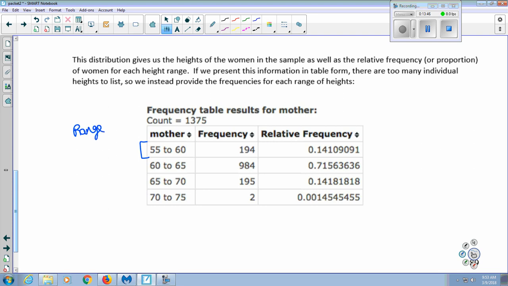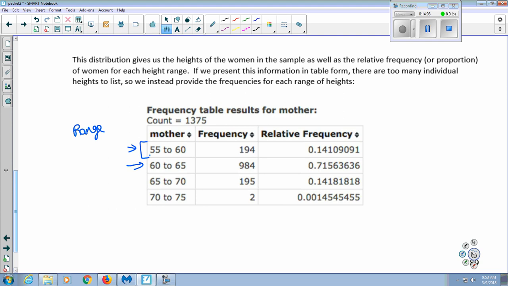This first row is giving us all the heights from 55 inches to 60 inches, but probably not including 60 inches. 60 inches would be included in the next row.